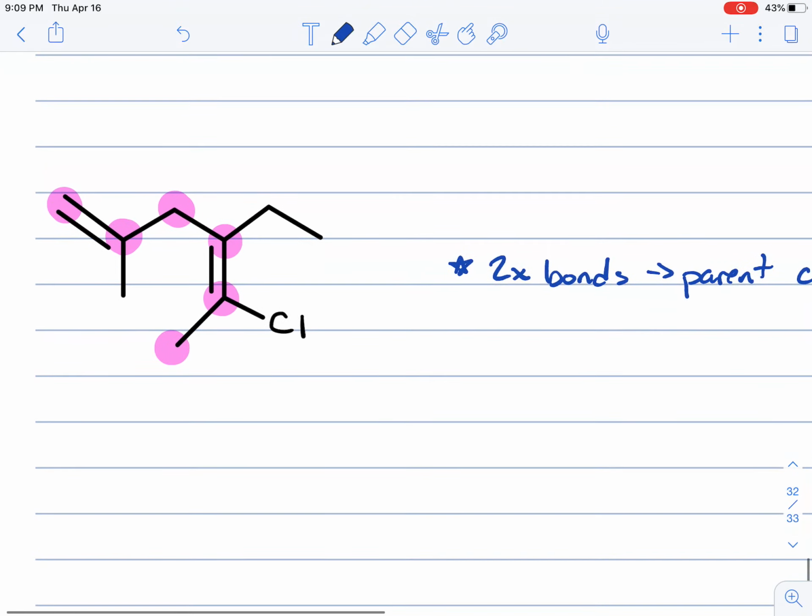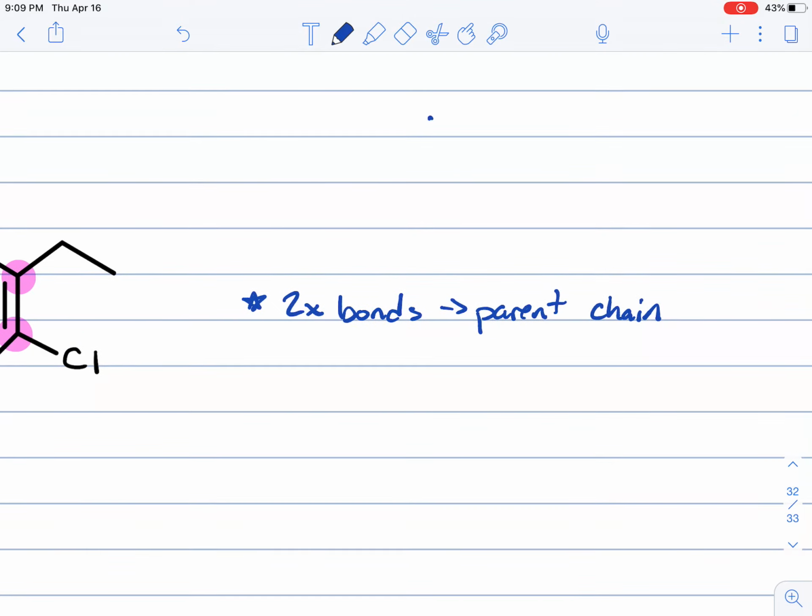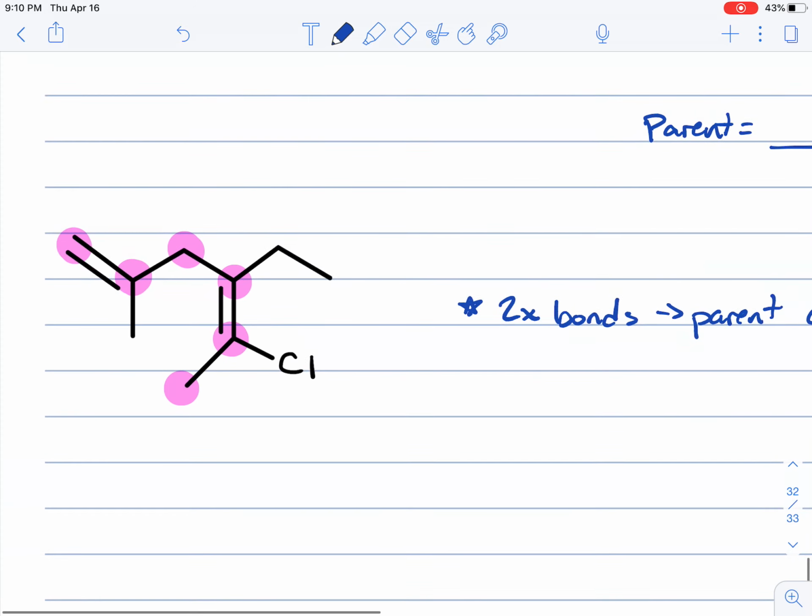All right, so since we have 1, 2, 3, 4, 5, 6, the name of the parent chain is going to be, so 6 carbons, that's hex. And then notice I have 2 double bonds. I have 1, I have 2.